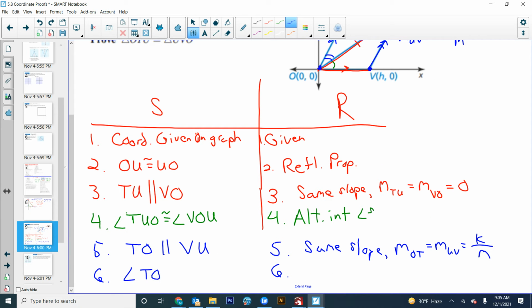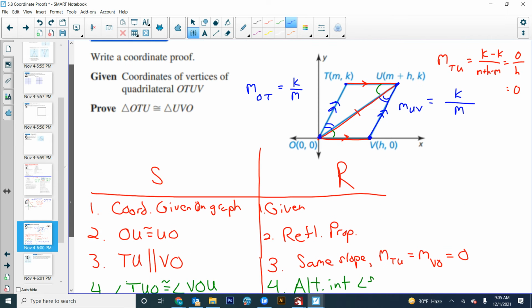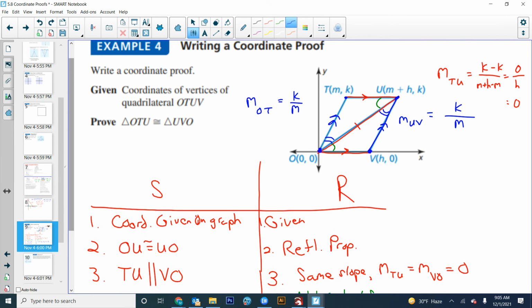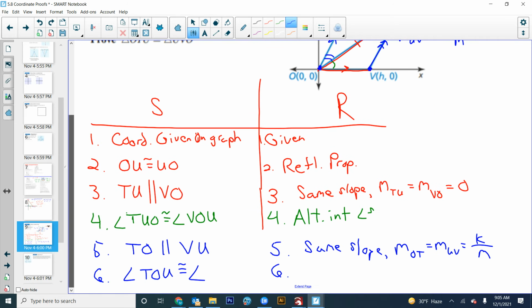Angle TOU is congruent to angle. Now I'm trying to be really careful. If I say TOU, over here I have to say VUO. Go in the corresponding order, and those are called alternate interior angles.